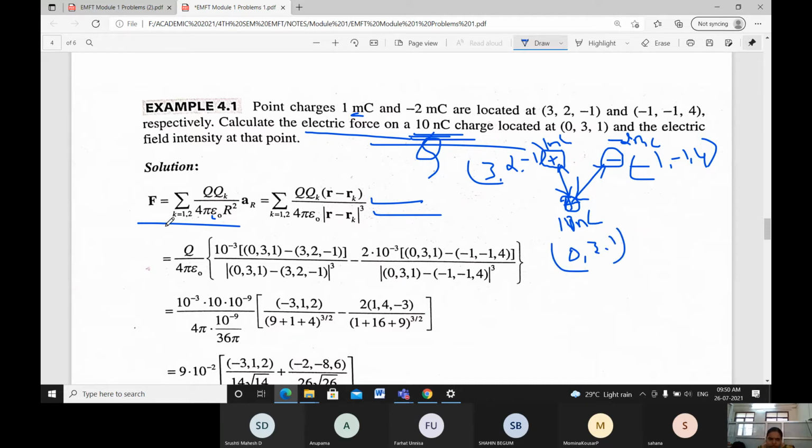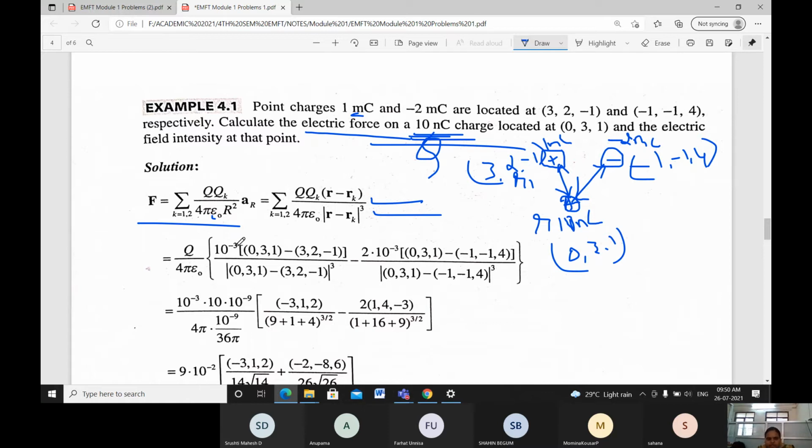Based on this we are finding the values. R minus RK: here (0, 3, 1) is taken as R with respect to RK, the first charge. Again, the force due to the second charge is taken with R2. Here 1 millicoulomb is there, so 10 raised to minus 3.